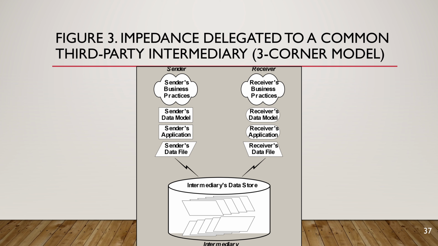That service bureau, run by large consulting companies, made lots of money transcribing those different formats from all the different senders, from all the different invoice originators, and then the service bureau was responsible for transcribing those into the receiver's data file format to be received by the receiver's application.